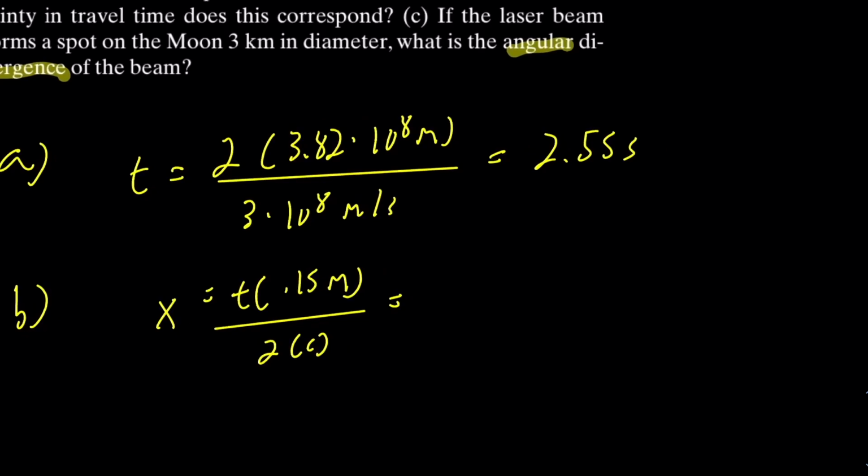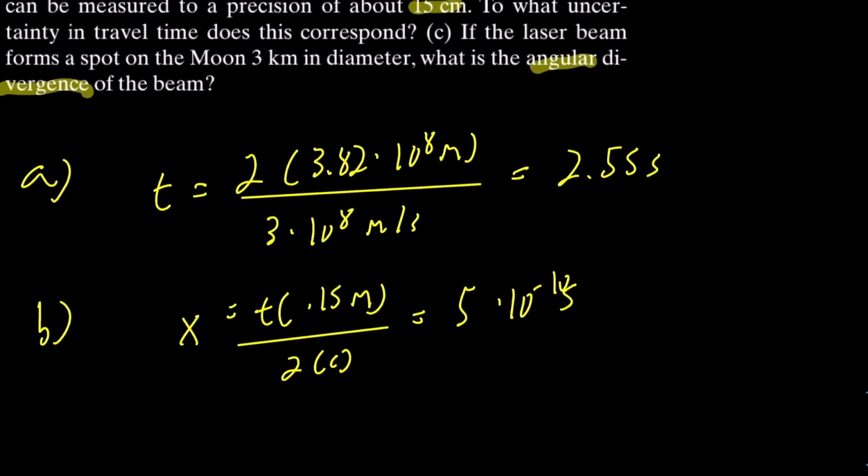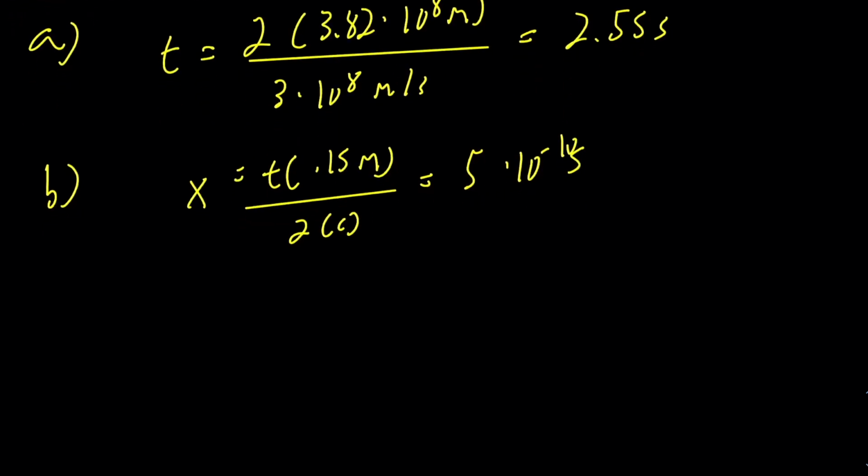And as a result, we should have 5 times 10 to the negative 10th seconds. So x is our uncertainty in time measurement, and that is equal to the time from part A, the time it takes for light to go from the moon to Mars, times this precision, divided by 2 times the speed of light. Just thought I should make it that clear.